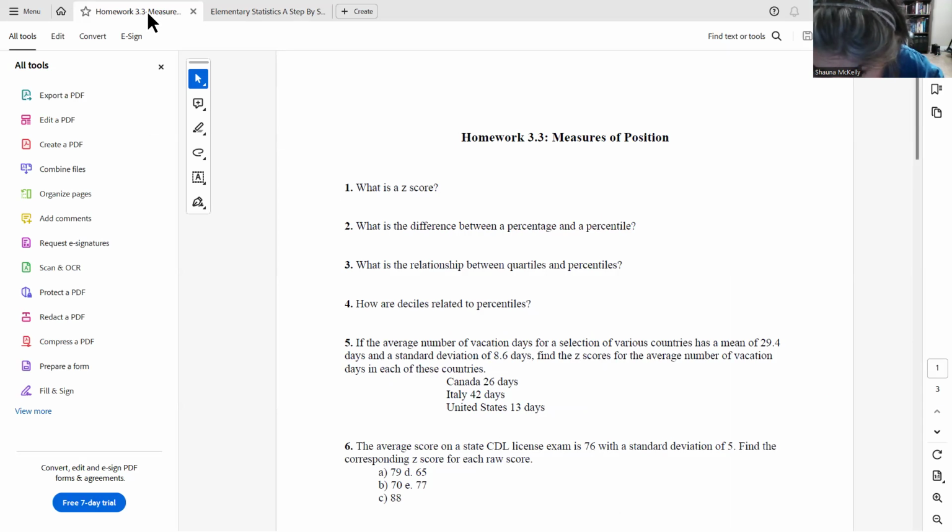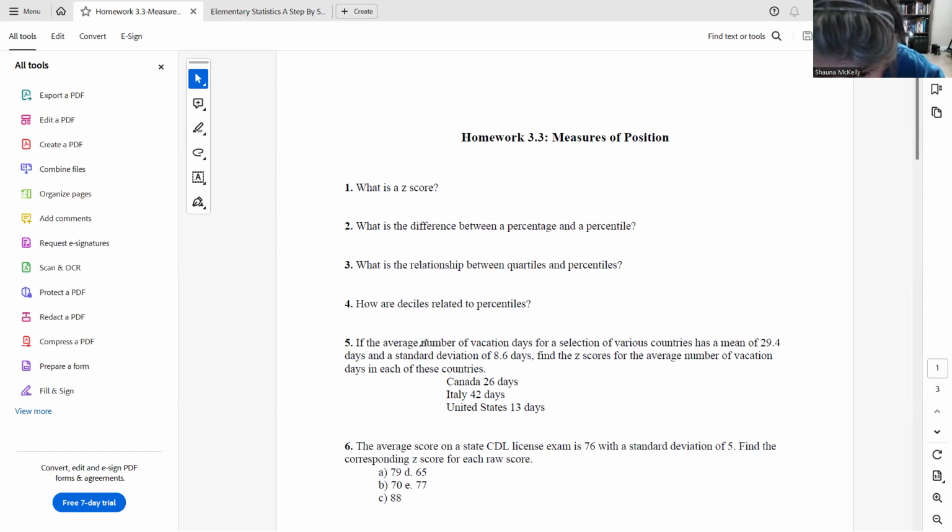If the average number of vacation days, so here I'm looking at, we're starting to get to a point in this class where everything means something, and I want you to remember that. Always read these problems like everything means something, even if you don't know why it's there.